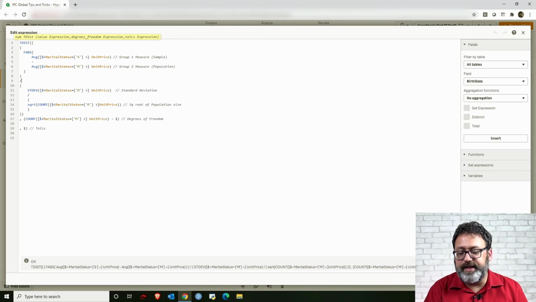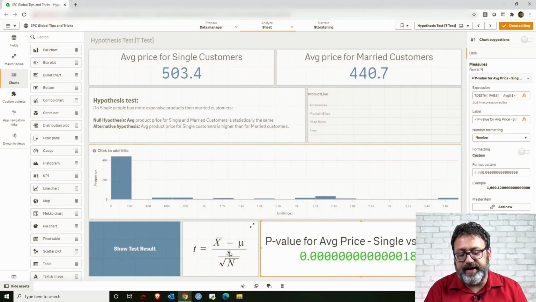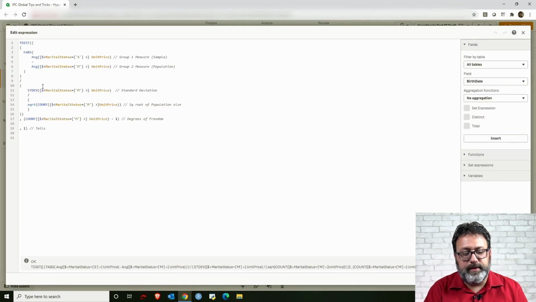Now let's go to the second piece of the formula. So it's divided by the standard deviation divided by the square root of the number of items. The standard deviation is calculated by the stdev function. If you don't know how to calculate standard deviation in Qlik, then check our channel for the descriptive statistics video.